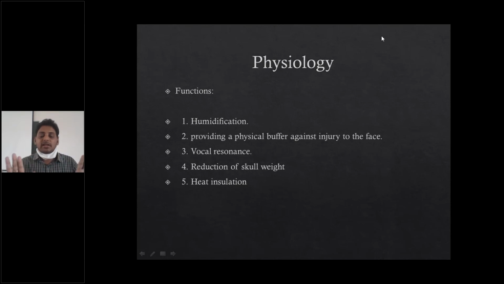But in expiration, there is positive pressure and less velocity. Because of the positive pressure, the air from the nose enters the sinuses through the ostia. So there is ventilation of the paranasal sinuses in expiration and not inspiration, which is opposite to our respiratory system. With this, I conclude this anatomy and physiology.